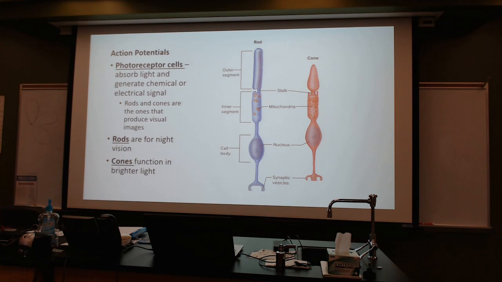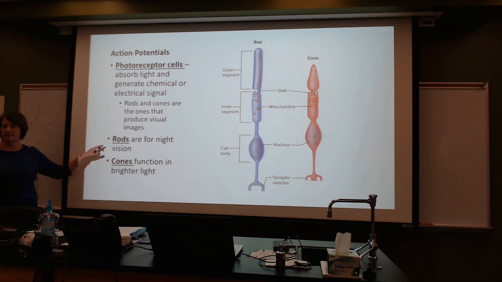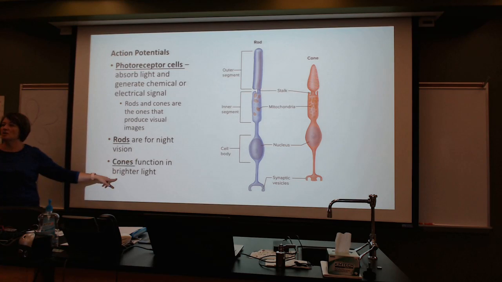Rods are for night vision. Is your vision really clear at nighttime? You're walking through the house and, that sort of thing, you bump into stuff. It's because the image is not as clear. Cones are the ones that give us the clearer image.